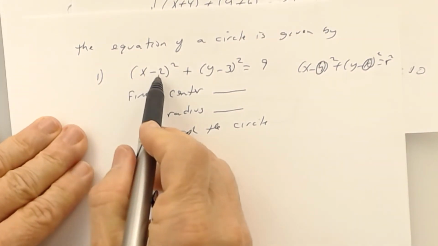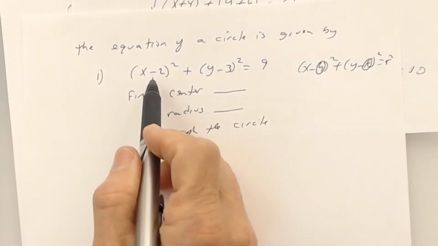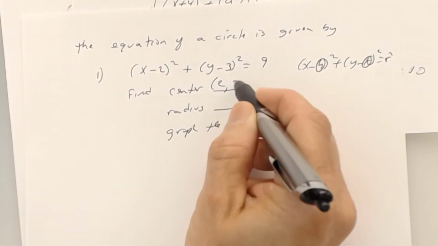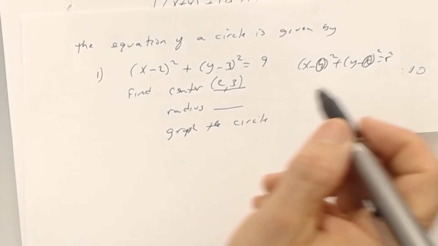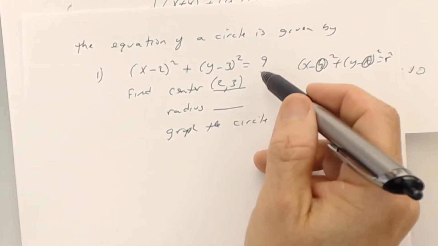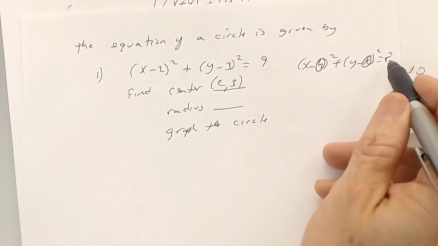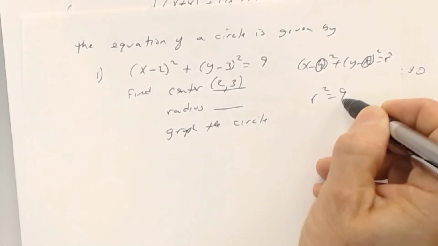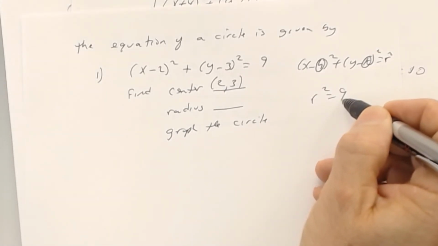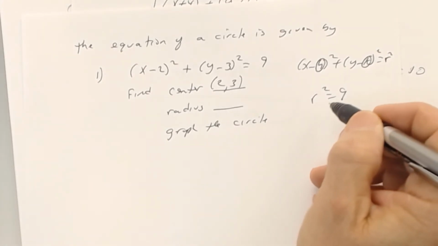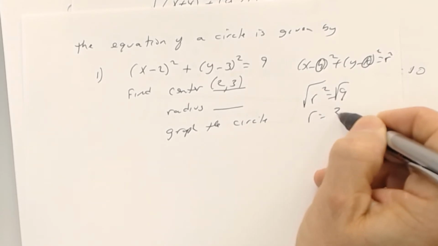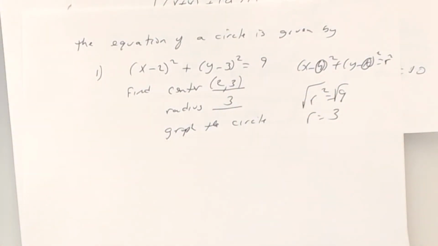So it's x minus h. What's h? 2. Y minus k. What's k? 3. Now, remember, 9 is not the radius. 9 represents r squared. So r squared equals 9. To get r by itself, take the square root. So what's the radius? 3.